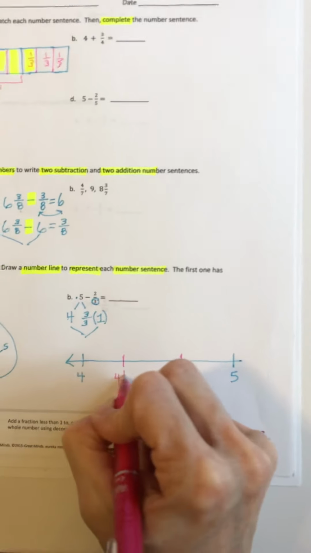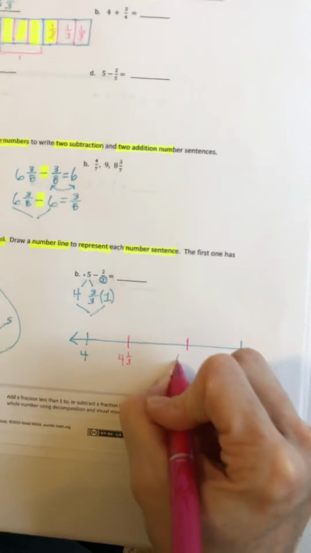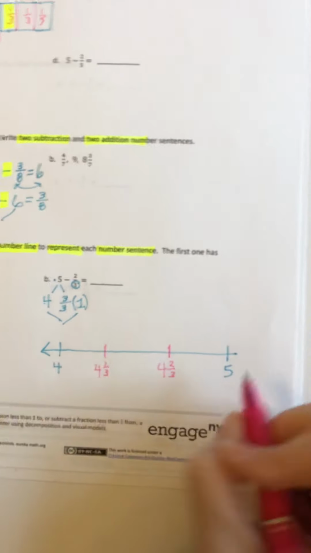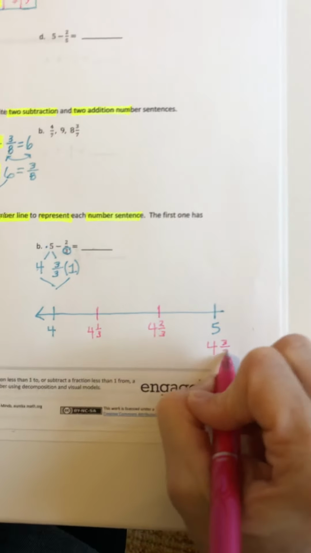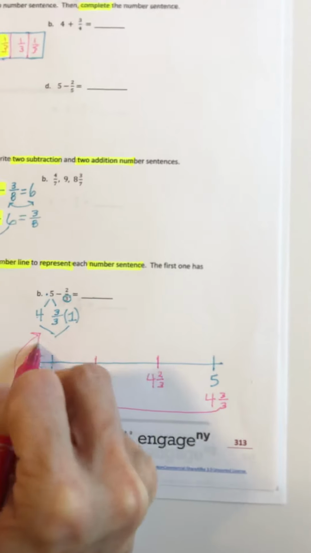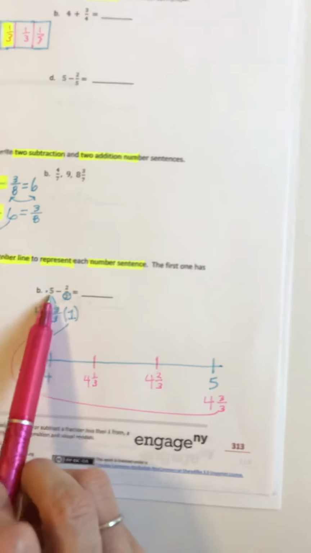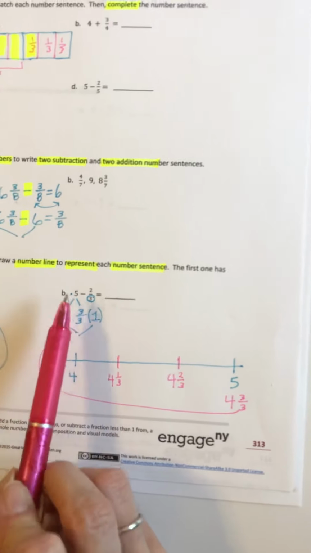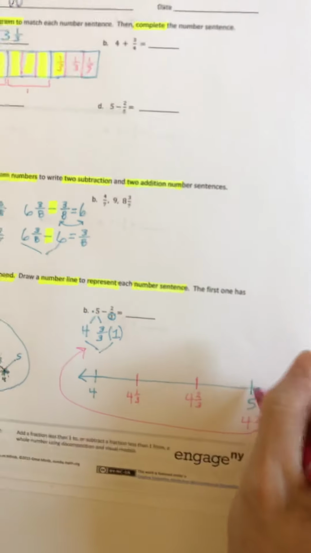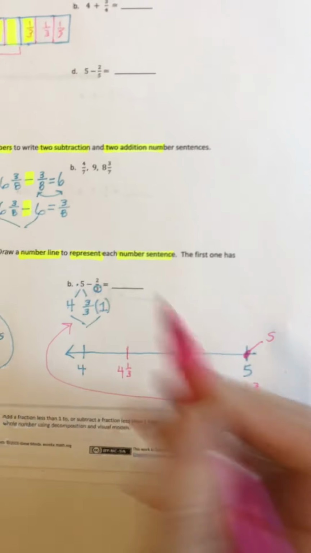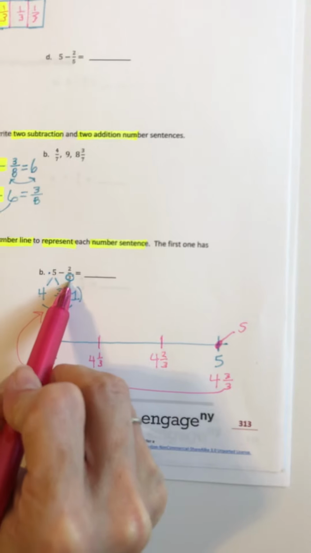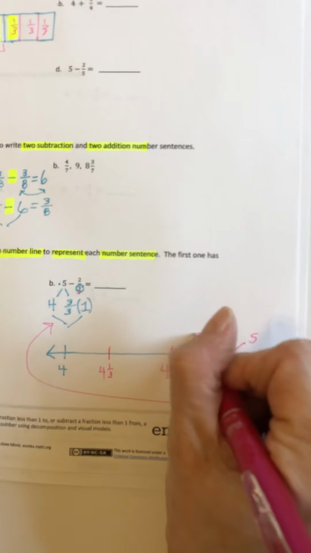This becomes 4 1/3, 4 2/3, and essentially 4 3/3, like we've done there. So go all the way back to our subtraction problem. What's our starting point? Our starting point is 5, and we need to take away not 1/3, but 2/3.